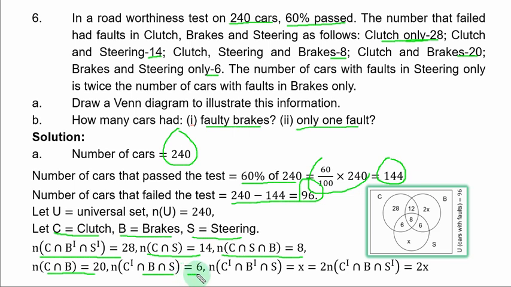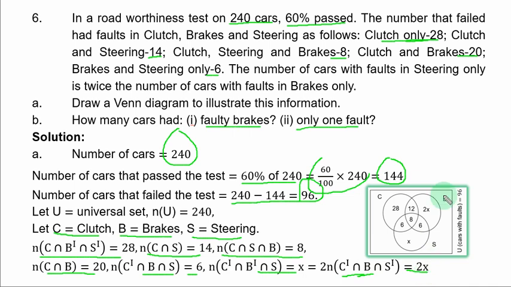From the question, those that had faults in steering only, that is without crash and brakes, is twice those that had faults in brakes only, no crash and no steering. So if those with fault in steering only is S, therefore those with fault in brakes only becomes 2S. So we have to put all of this information in the Venn diagram.